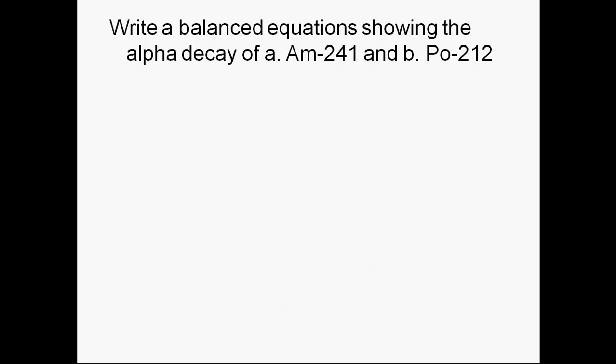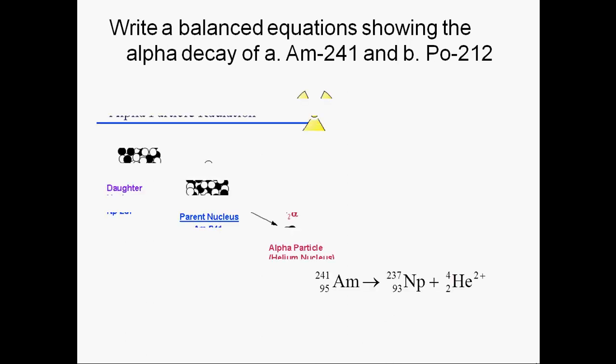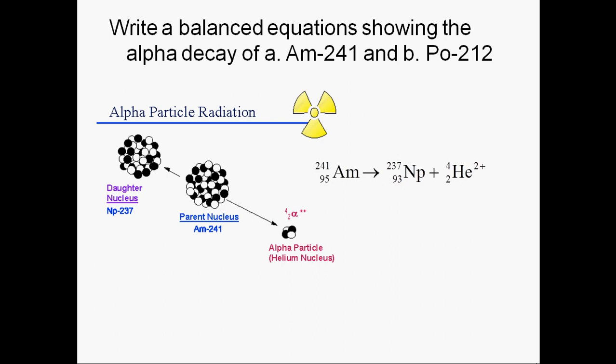Alright, try this out. We've got americium-241 and polonium-212. Pause the video, give it a shot. Alright, americium-241. Americium has an atomic number of 95. Our atomic number decreases by 2, our mass decreases by 4, and we also have an alpha particle.